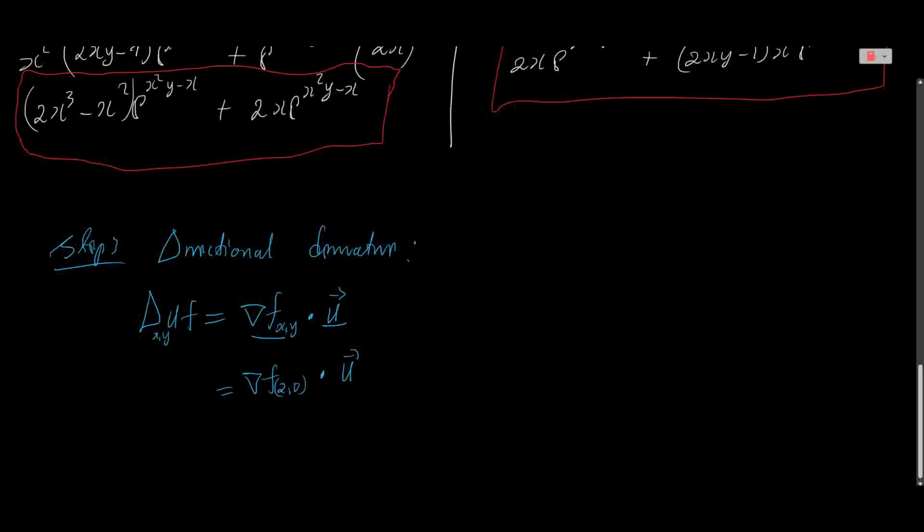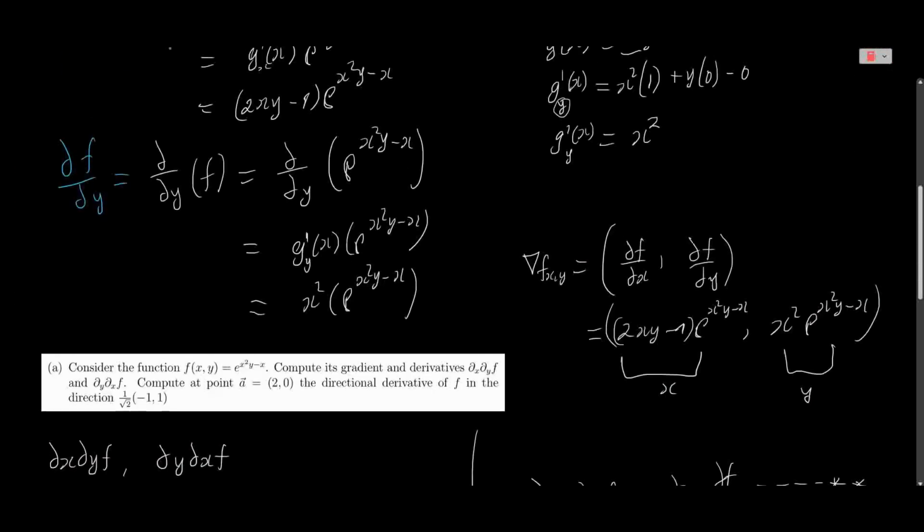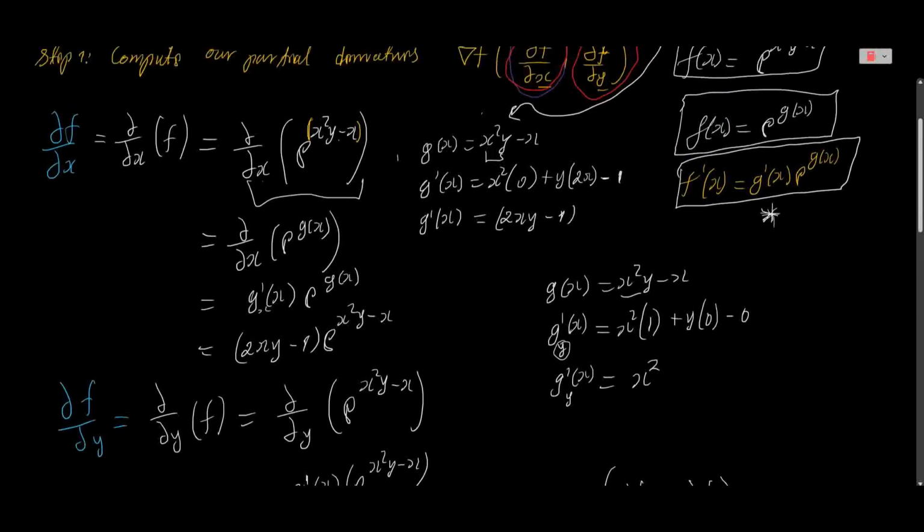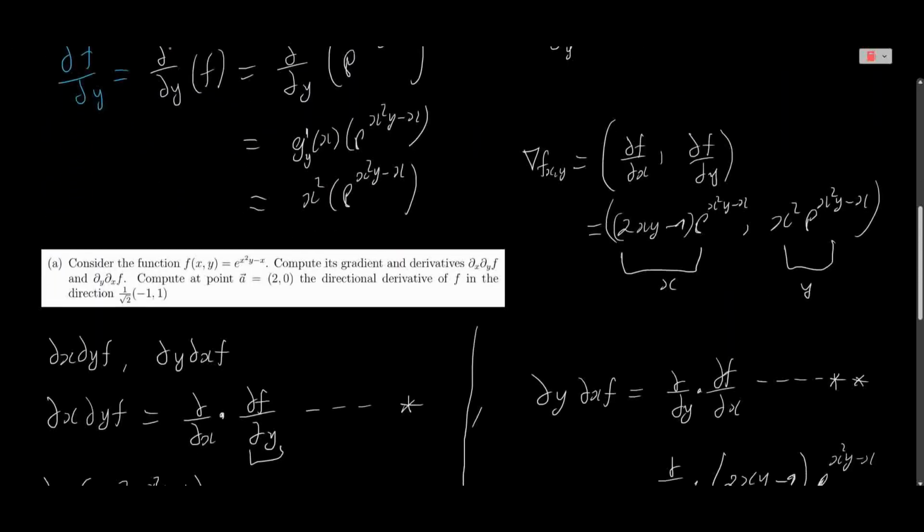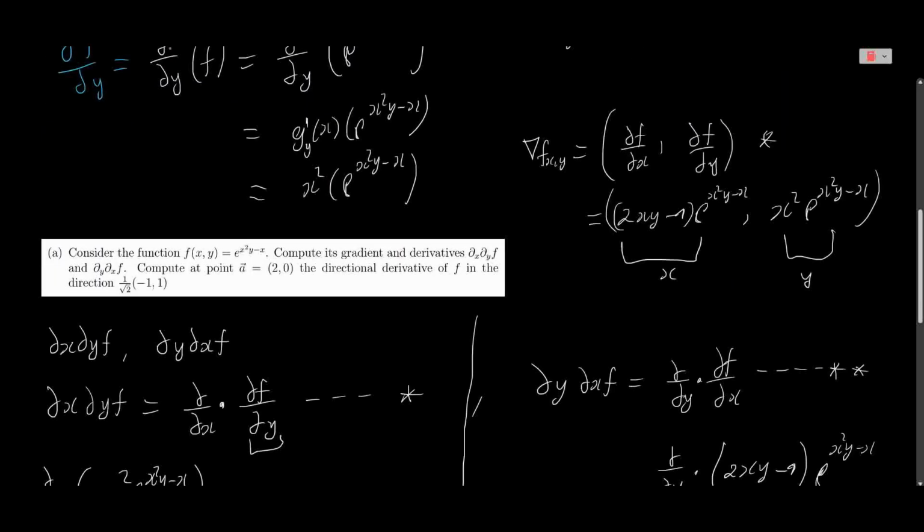In fact, you can stop the video at this point and just move on if you don't want to see how it's computed. To do that, we will go back to our gradient function that we saw above. We calculated our gradient and ended up with this function. So we're going to substitute the point 2 comma 0 in our function.